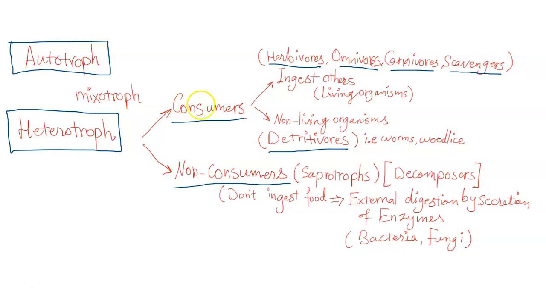As we discussed in the previous video, we have two different classifications in terms of organisms that can synthesize their own food or cannot, and so they use organic food from other materials or other organisms. Based on that, we have autotrophs, which are producers, and heterotrophs.